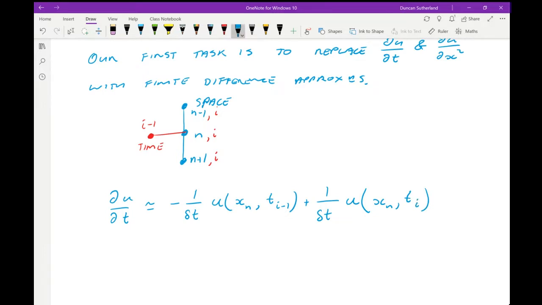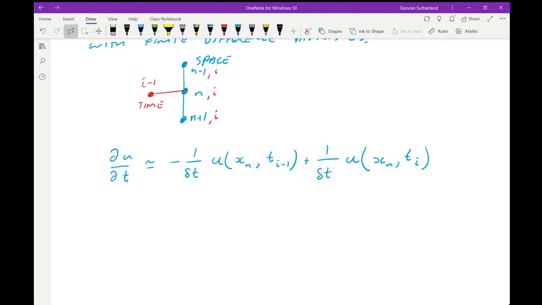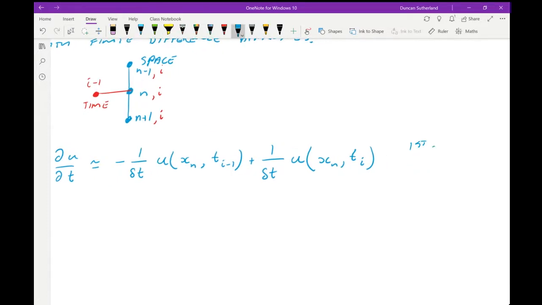The subscripts have got to be different. So that's our temporal derivative using a first order forward 2-point approximation.